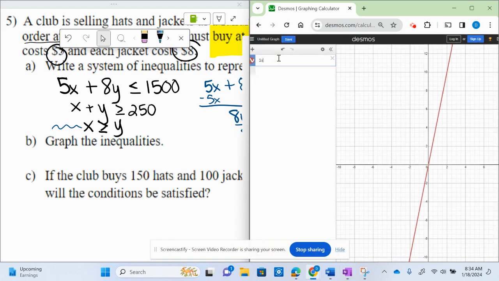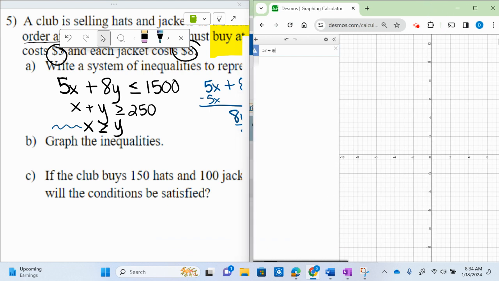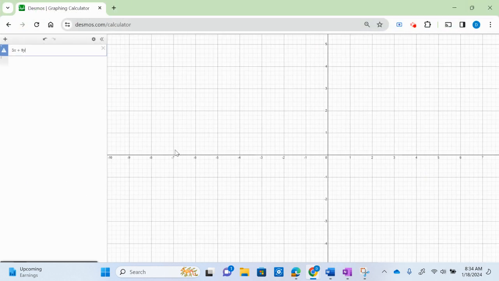So 5x plus 8y is not equals, it is less than or equal to 1500. When you're using Desmos and you want to get to the inequality symbols, you have a keyboard down here. Of course, you can't see it because my screen is minimized, but you have a keyboard option.